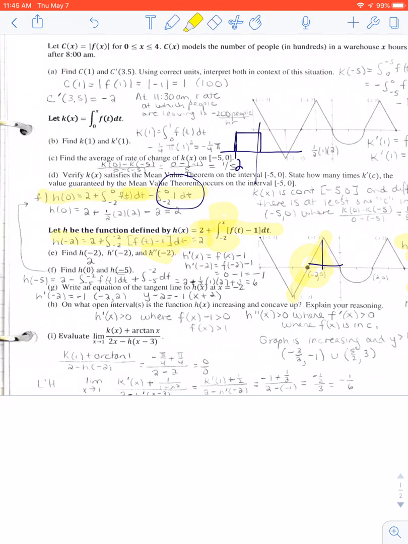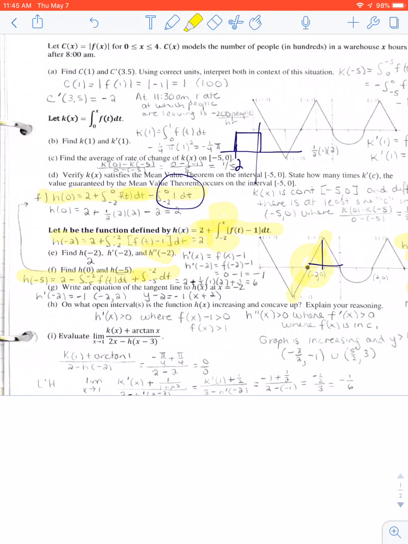H of -5, I did down here, I probably should have done this on another piece of paper. I started with 2, and then when I put in -5, I know that I'm going to have to switch the limits, so I did that right away. Minus the integral from -5 to 2 of f of t dt, and a minus and a minus gives me plus the integral from -5 to -2 dt. So those limits had to be switched, which we would then have to multiply by a negative.